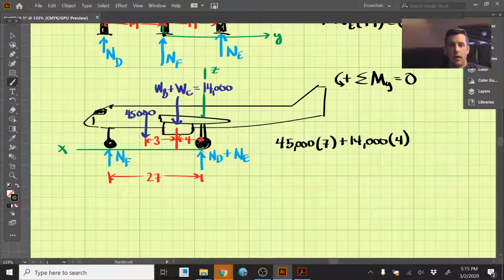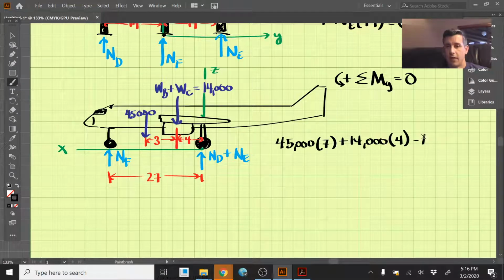Then the unknown that we have is NF, which is acting 27 feet away from the y-axis. That's going to be clockwise, so it's negative.